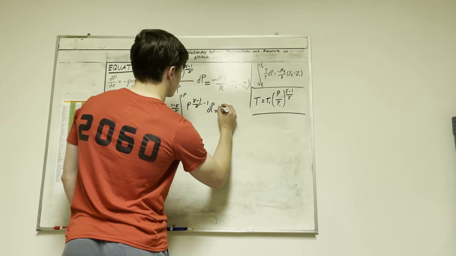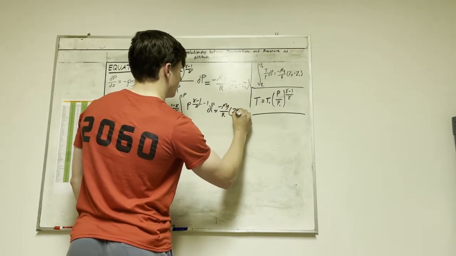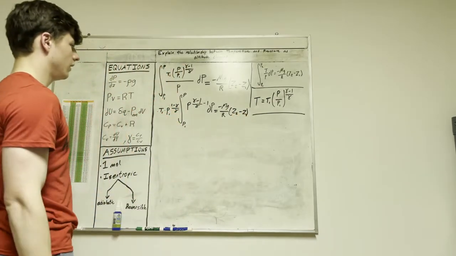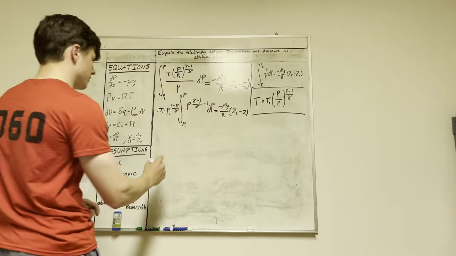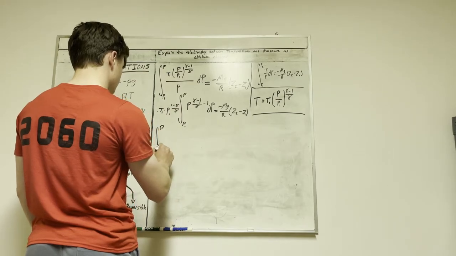And this equals negative mg over R times the change in altitude. And so before we integrate, we're going to move these over to the right side of the equation, which leaves us with the integral.